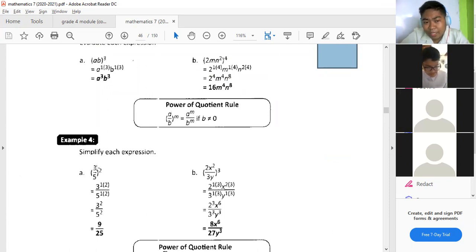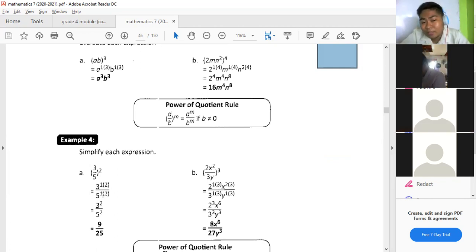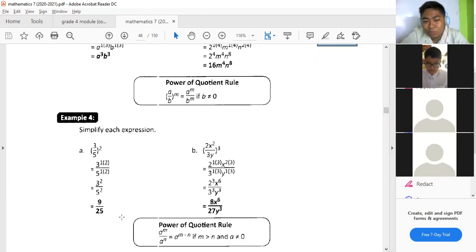Ayan. So, we have 3 raised to 2, 5 raised to 2. Basta kung ano yung andyan, kaya hindi nyo naman na kailangan sulat yung 1. Pampalito lang to eh. Kasi di ba, ang whole number, mayroon siya exponent na 1. So, that would be 3 squared, 5 squared.